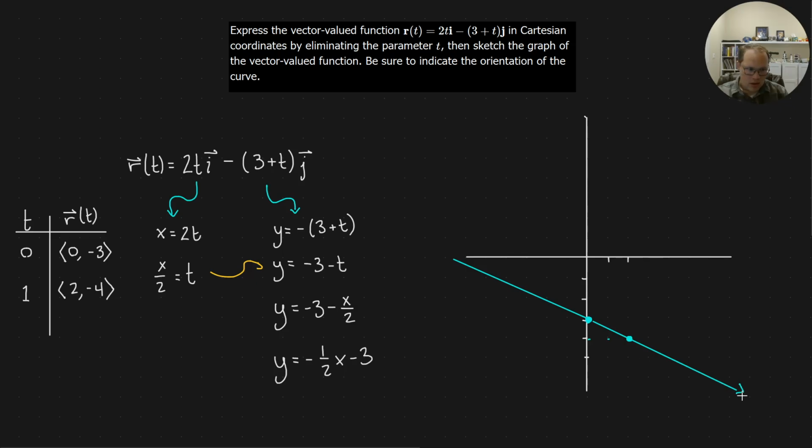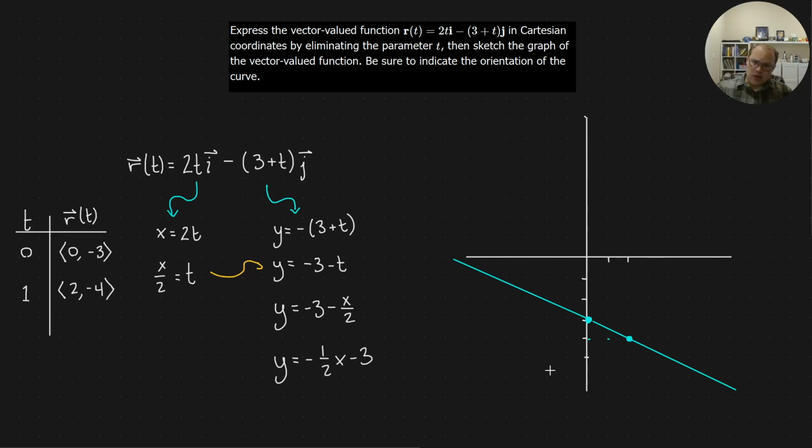Okay, and that's what the equation of the line looks like. That's the graph of the line. That's what this vector valued function will generate. And I was able to do that a lot easier by using this form, where the parameter t was eliminated from the set of equations.